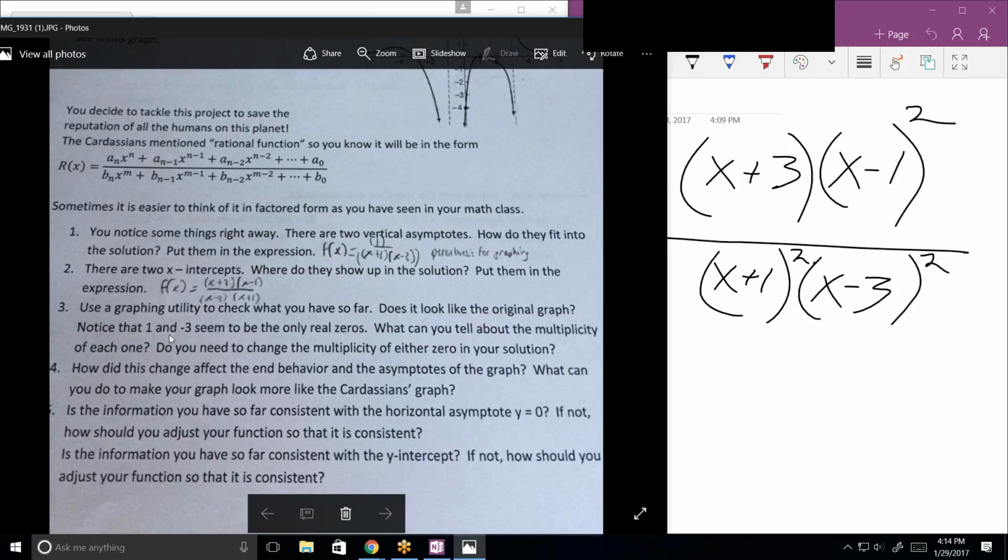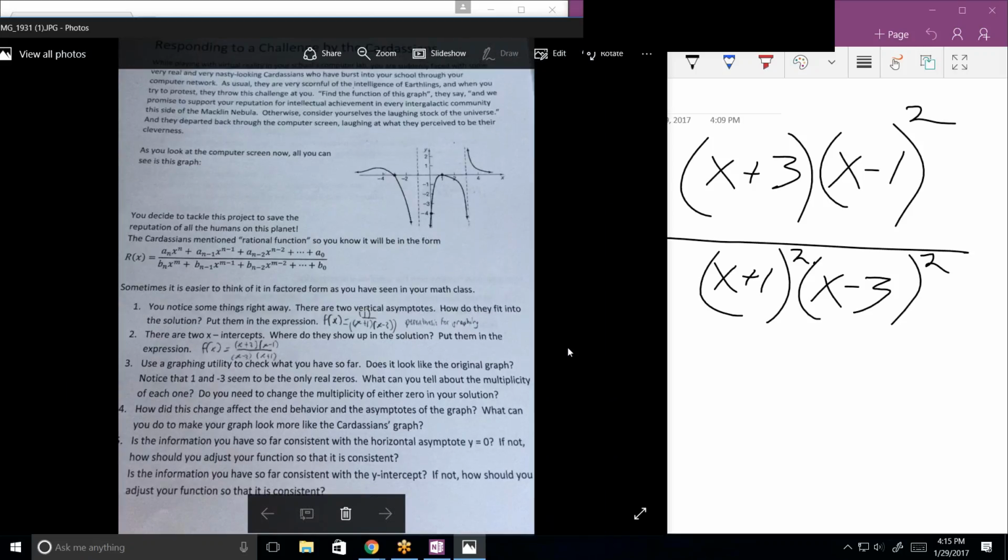Does it look like, notice that 1 and minus 3 seem to be the only real zeros. Yeah, so after number 3 is when I put a square on the x minus 1. And then after that, I put that in my calculator. And it was not correct.